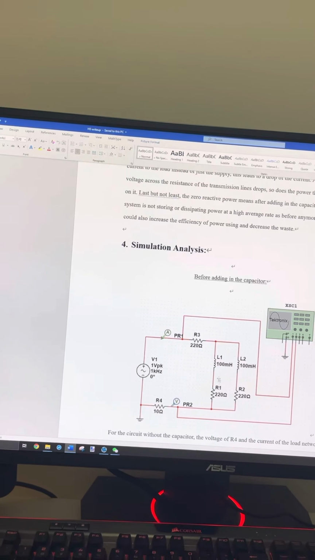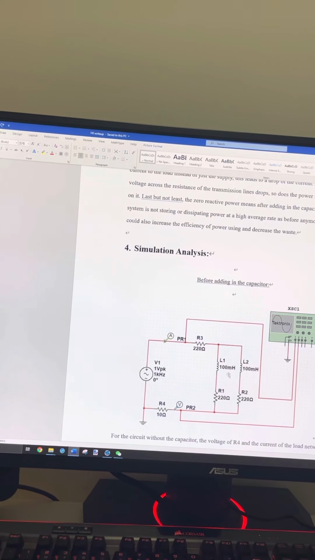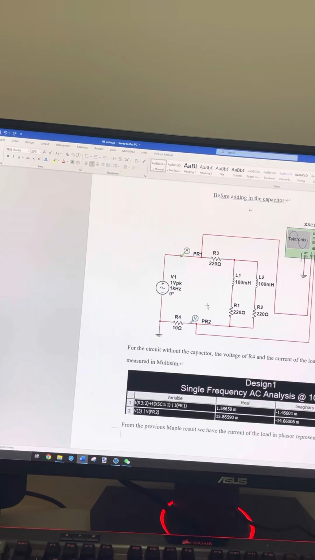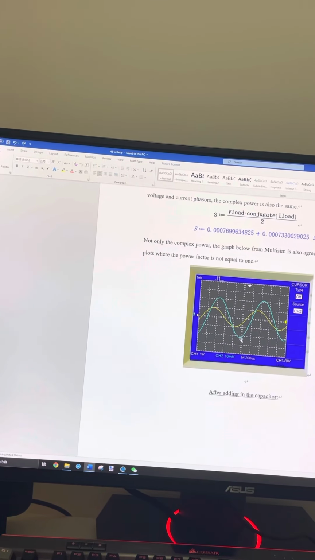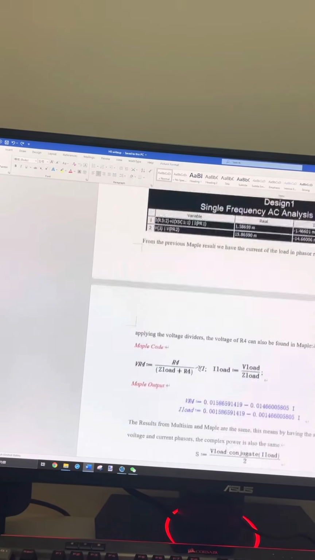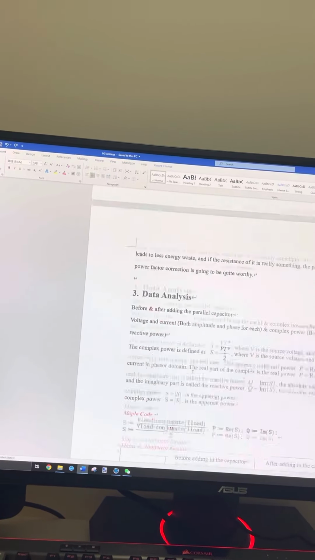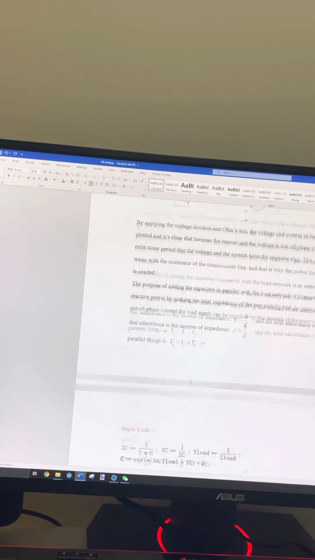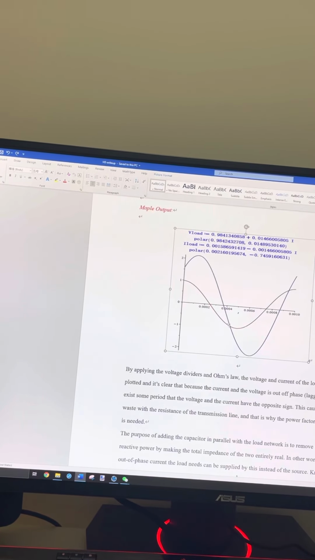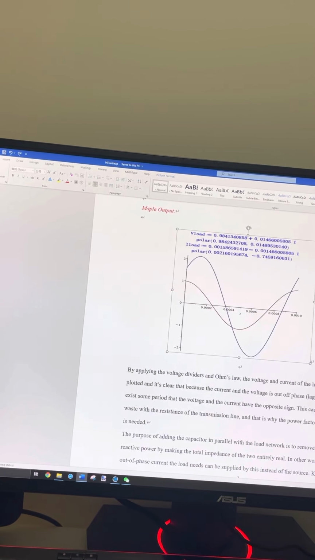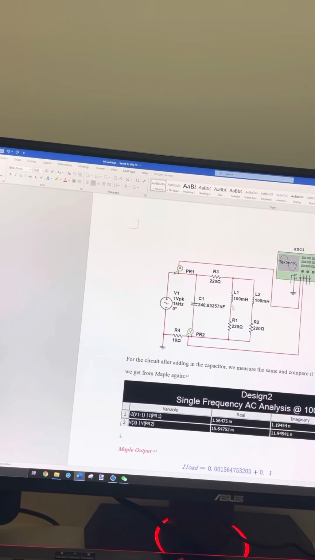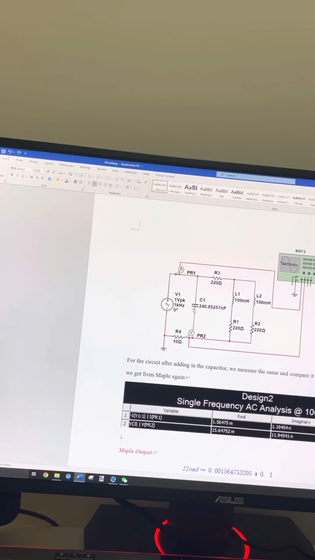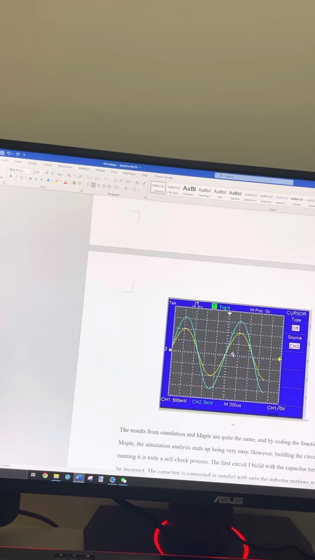The function matches the circuit we built here, and you can see the plot here is actually the same as this one. So there is a power factor that is not equal to 1, sorry, and with the capacitor, it's finally going to be in phase.